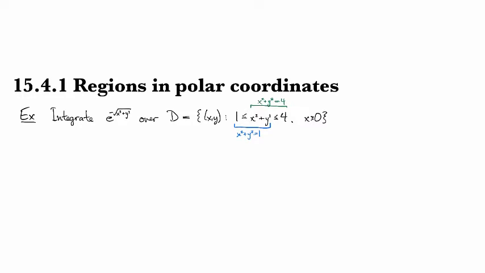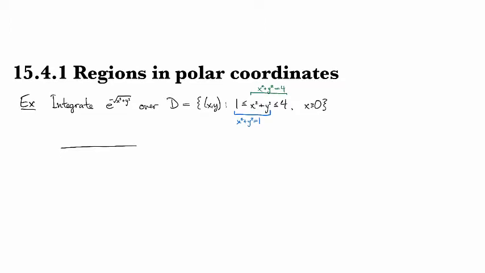So we are looking at this region right here. We are looking where x is non-negative, so we're out here on the right half, and we're going to be between these two circles. So we're looking at this patch right here.